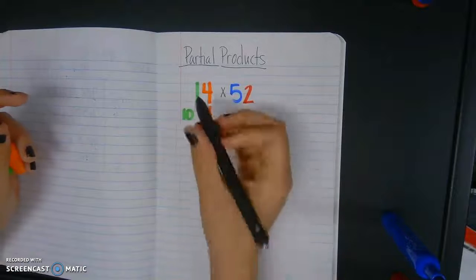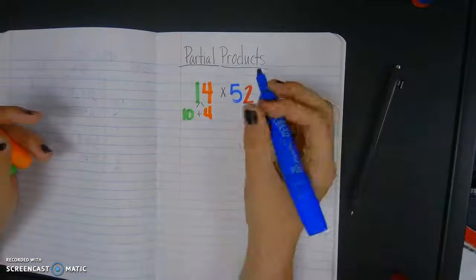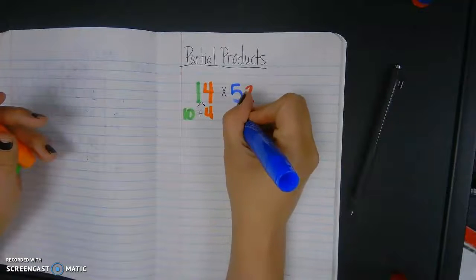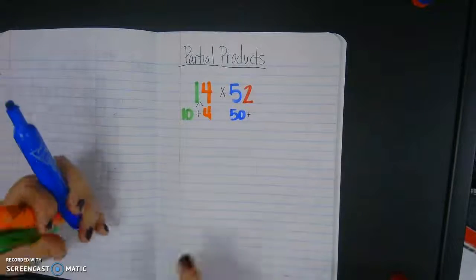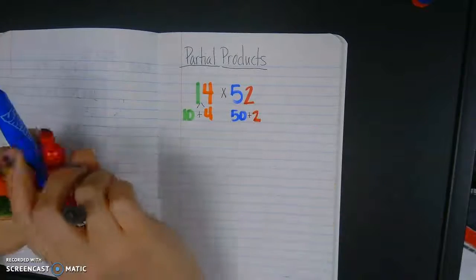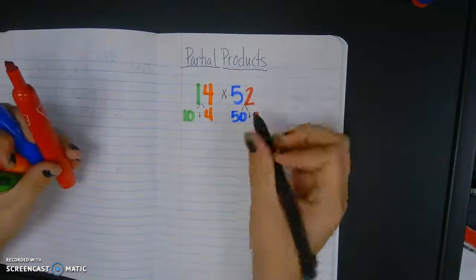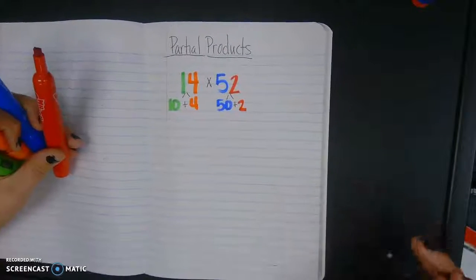Because I just broke it up. Break it down. Then this number is going to become 50 plus 2. Because when we work with these multiples of 10, it makes our math a lot easier.